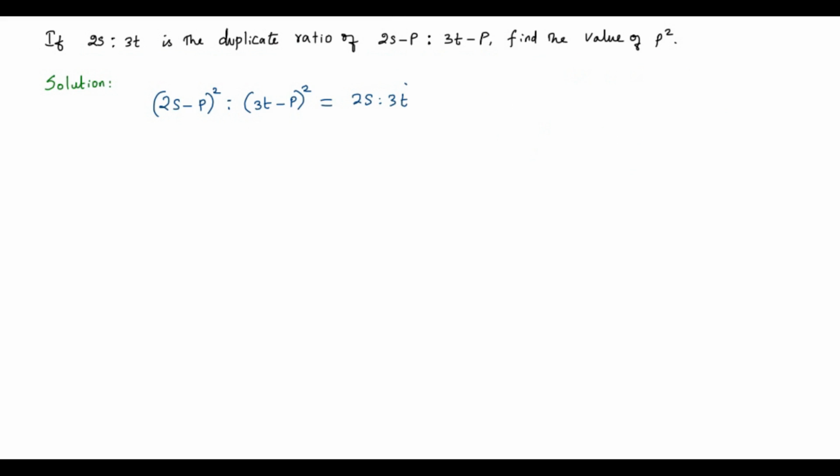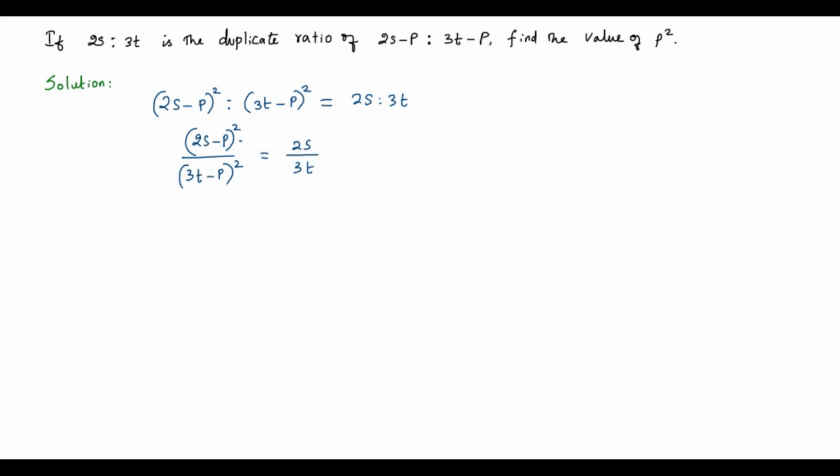Now in this equation we have to solve for p square. To do so, we can write each ratio as a fraction: 2s minus p the whole square divided by 3t minus p the whole square is equal to 2s by 3t.